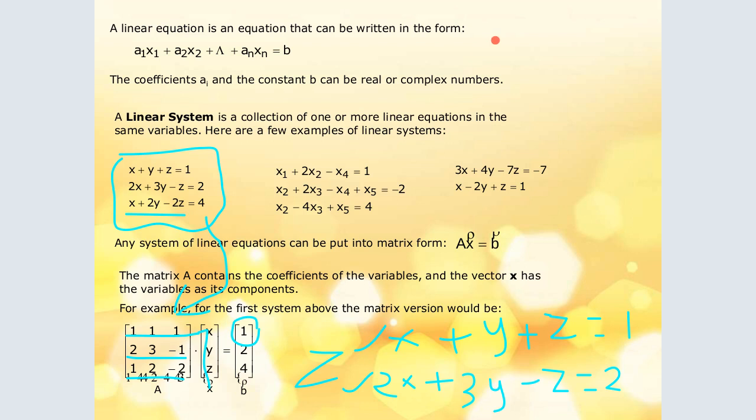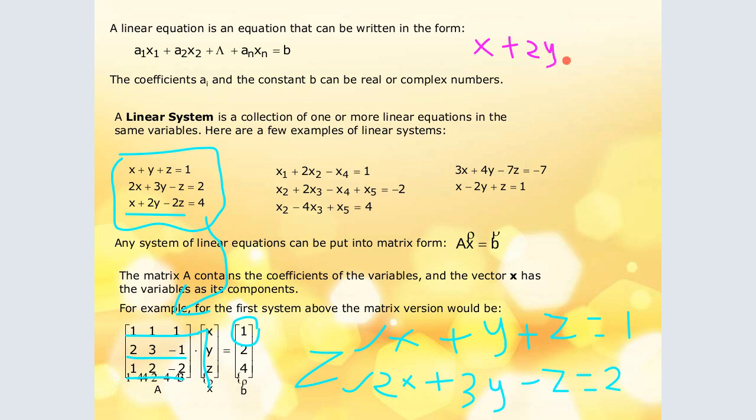So we have 1 multiply x, it's going to give us an x. And then we are supposed to add 2 times y, it gives us a 2y.